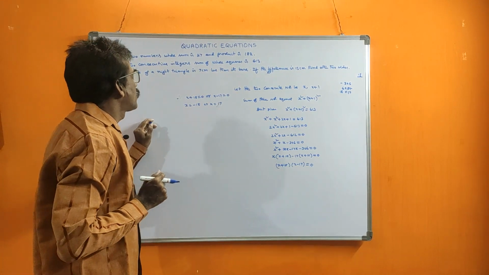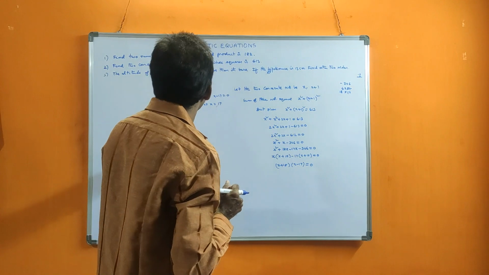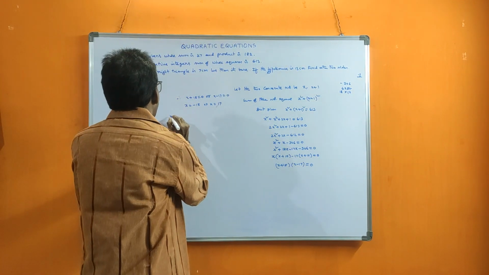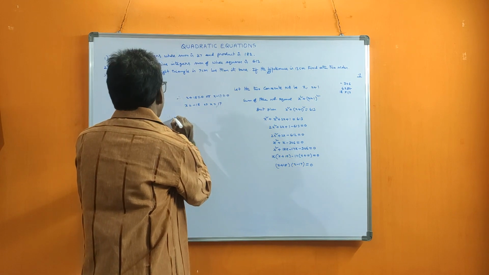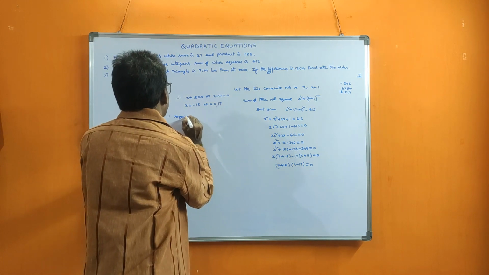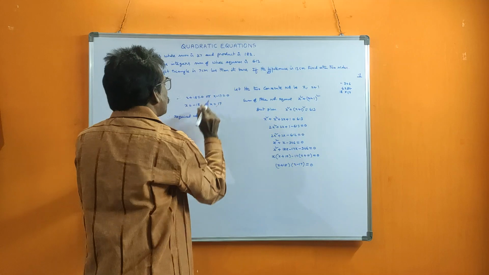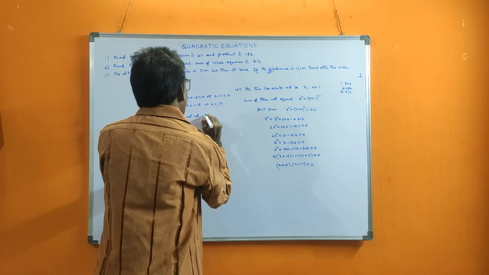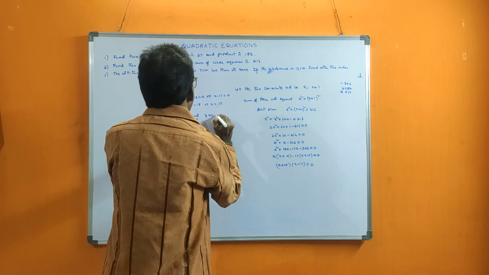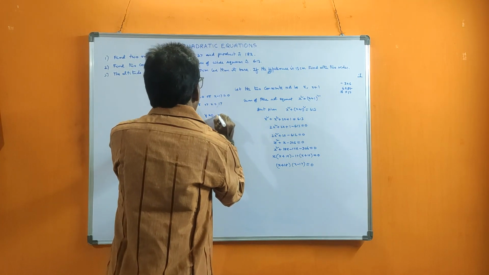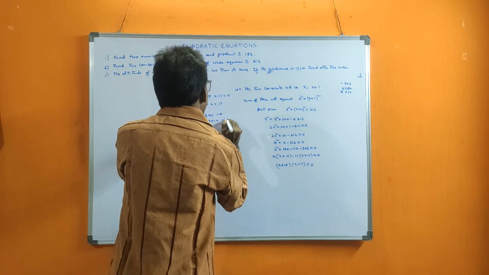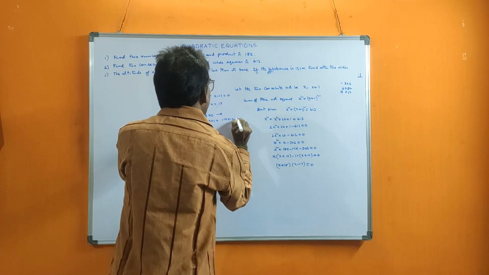So now consecutive numbers we want, therefore the required numbers. These are x values. Required numbers are x and x plus 1. If x is minus 18, the other number is x plus 1, that is minus 18 plus 1, that is minus 17.